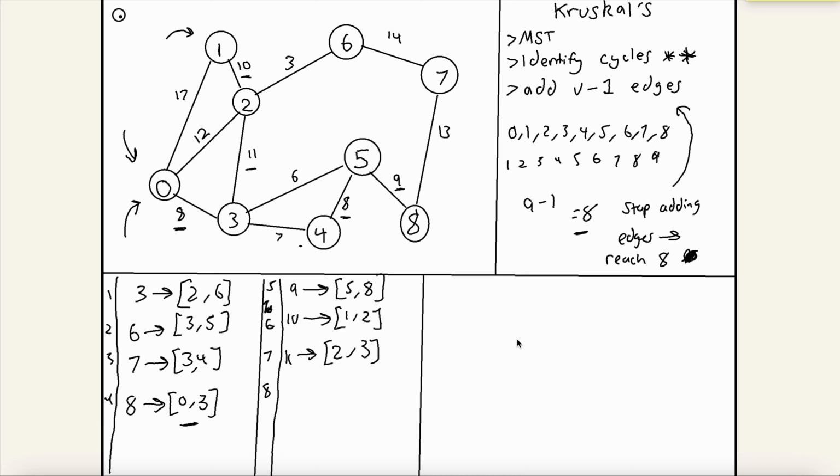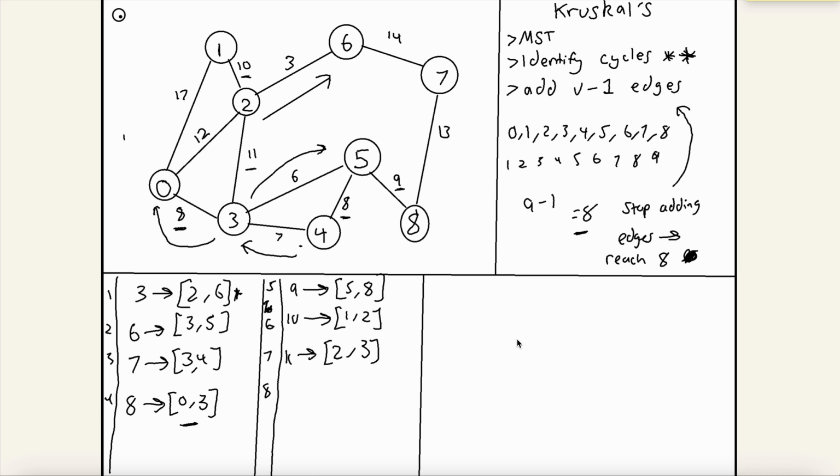I just want to draw some arrows to highlight the direction we've gone, just so we can keep track. So we've gone this way. If you look here, we've got 2 to 6, and then we've also got 3 to 5. And then we've got 3 to 4. And then we've got 0 to 3. Let's remove these arrows.